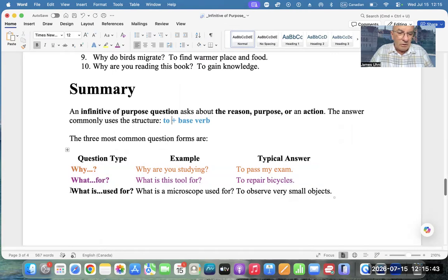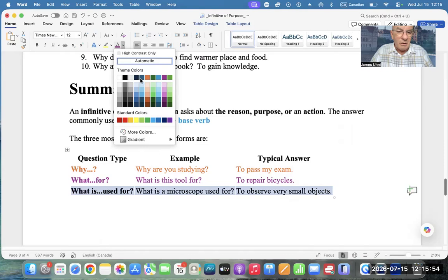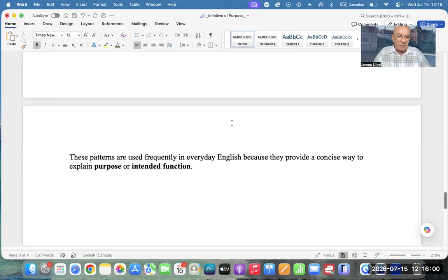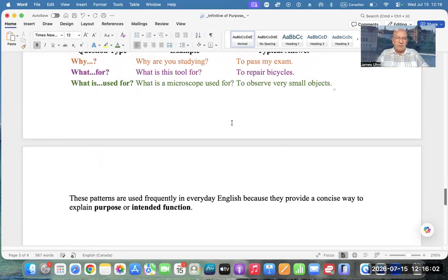And what is used for? What is a microscope used for? To observe very small objects. And that I will make dark green. So this is everything about infinitive of purpose questions.